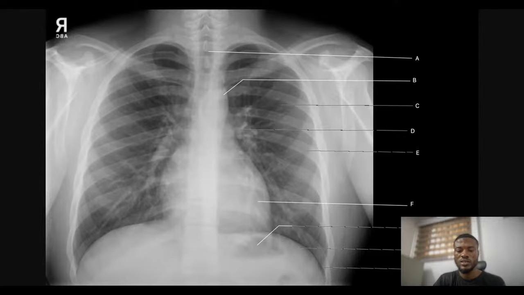Right. So do you see my screen now? Do you see the chest X-ray image on my screen? Great. Nice job, Joshua.